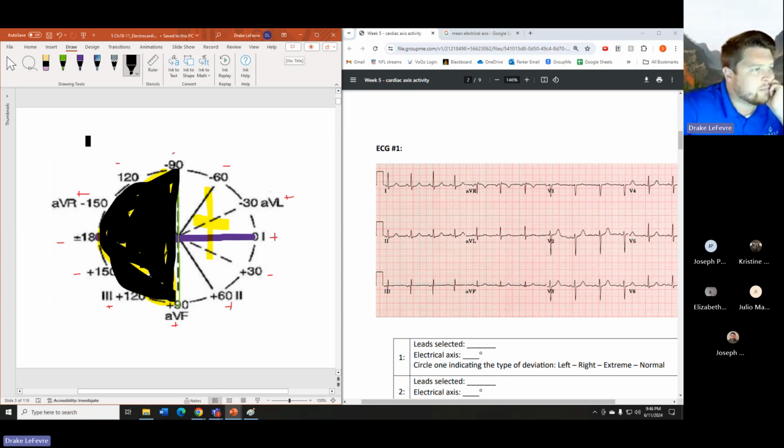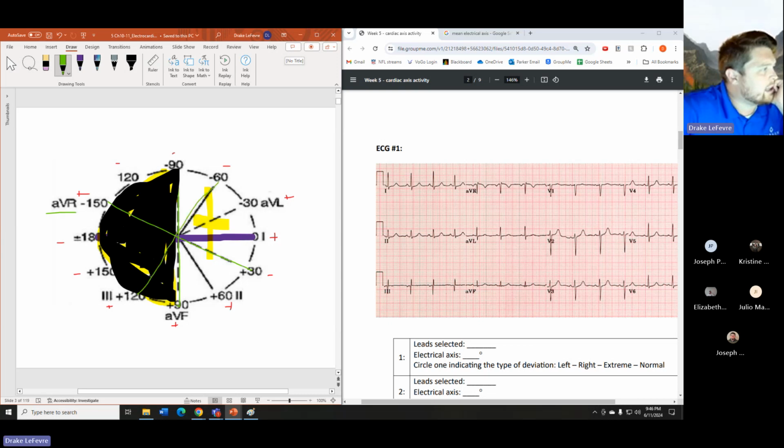Now we move on to the next one. Like AVR, right? We find our AVR. We're right here. So this line right here is our AVR. We look, okay, what's the line that's perpendicular to AVR?